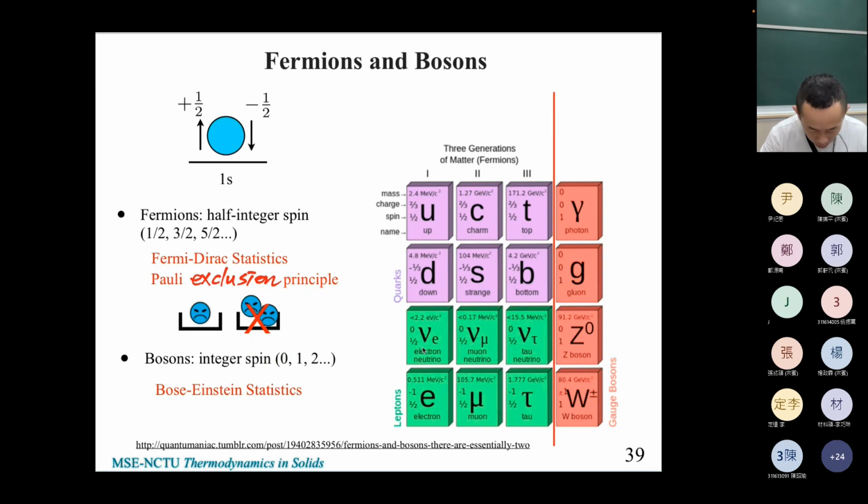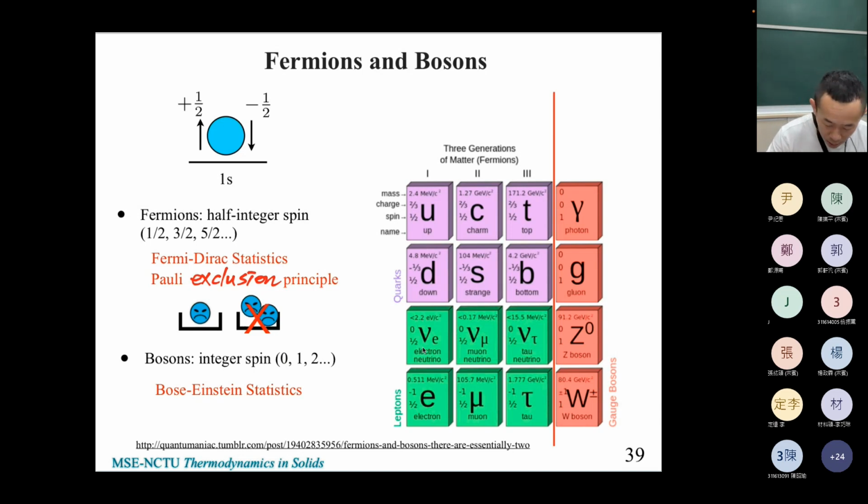And the bosons have integer spin, so 0, 1, 2, so you can't see any difference after they spin, and their behavior also follows Bose-Einstein statistics. They can share the same degeneracy with others.